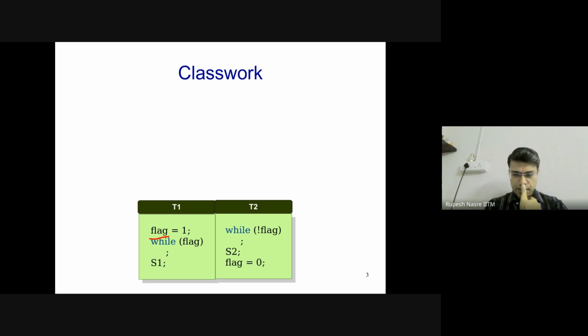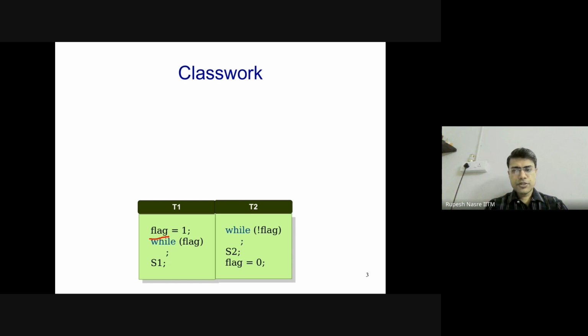Okay, so let's understand that. Soumik says at the assembly level, both can work in parallel if we think about it that way. So initially, if the flag is 0, then the while condition will be true.